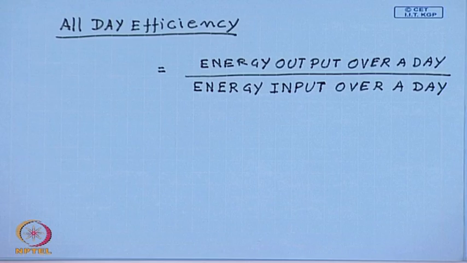Now, had the transformer been uniformly loaded over the day, then this all day efficiency would have been same as the efficiency of the transformer at a given load. However, it is not so.